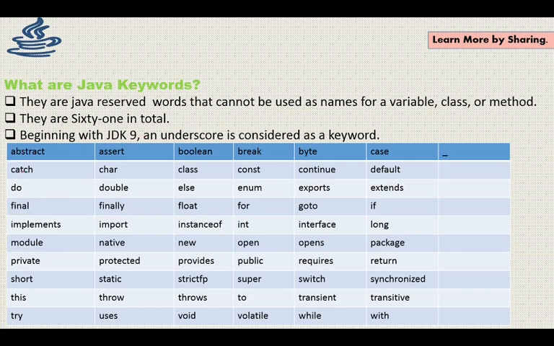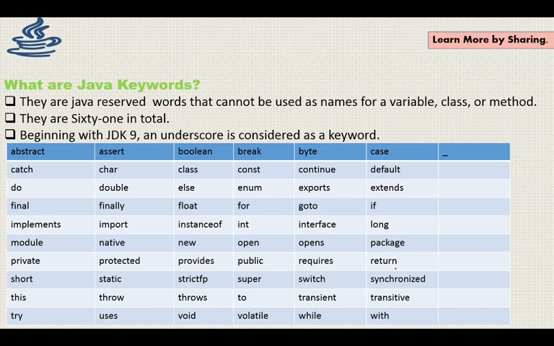So abstract, catch, do, final, implements, module, private, short, this, try, assert, char, which is character, double, finally, import, native, protected, static, throw, uses, boolean, class, else, float, instanceof, new, provides, strictfp, throws, void, break, const, enum, for, int, open, public, super, to, volatile, byte, continue, exports, goto, interface, opens, requires, switch, transient, while, case, default, extends.